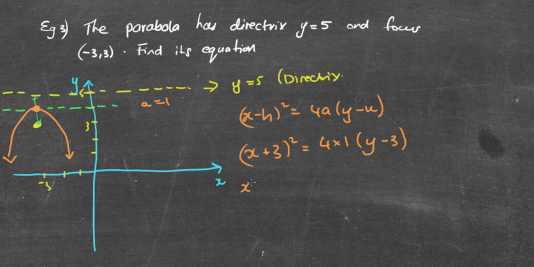Expand it out, we get x squared plus 6x plus 9 equals 4 times y minus 4 times 3 is 12. Pull it to the left hand side, x squared plus 6x minus 4y, 9 plus 12 is 21 equals 0. I've got it. I hope you can see, guys, that this isn't actually too challenging.